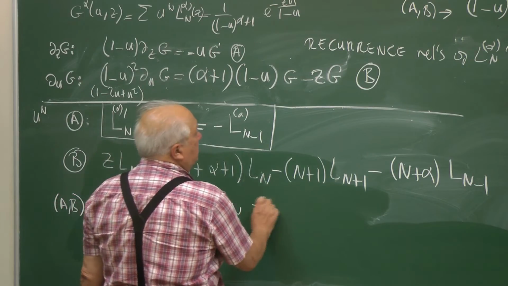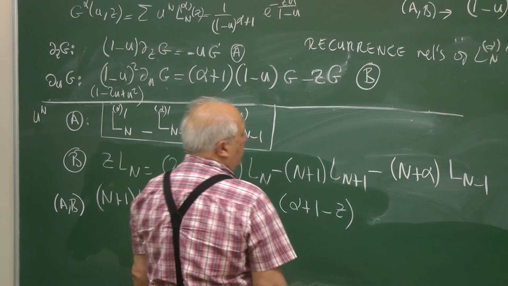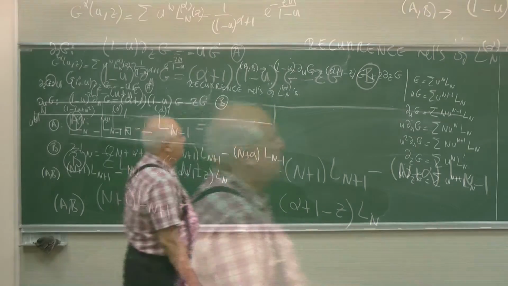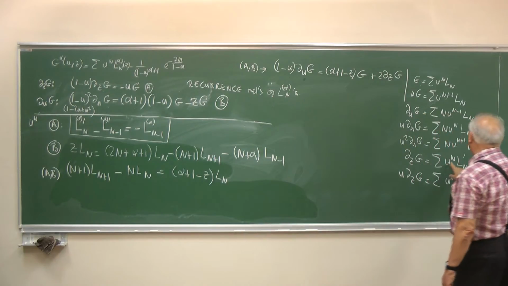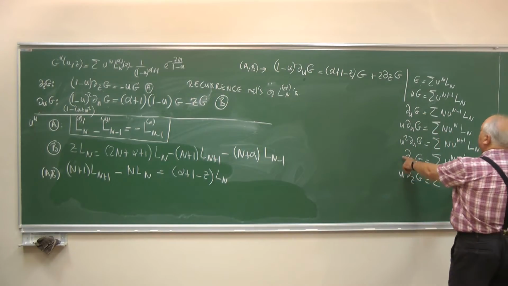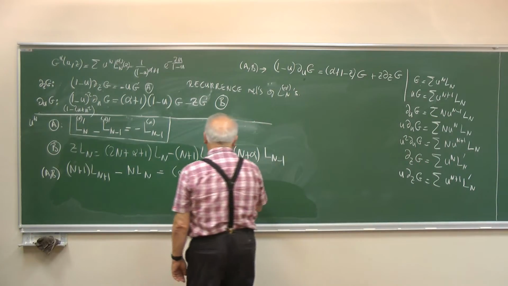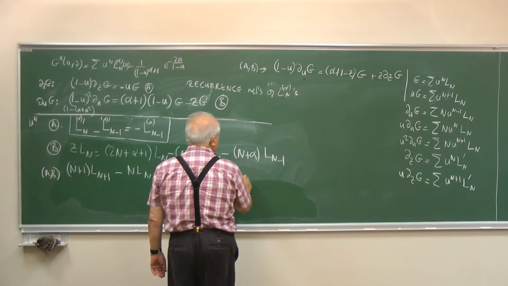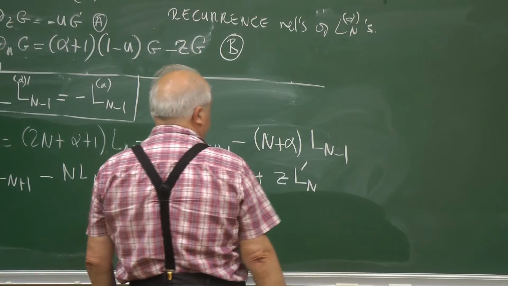That's equal to alpha plus 1 minus z Ln. dz is un Ln prime. z, it is simply un plus z Ln prime.